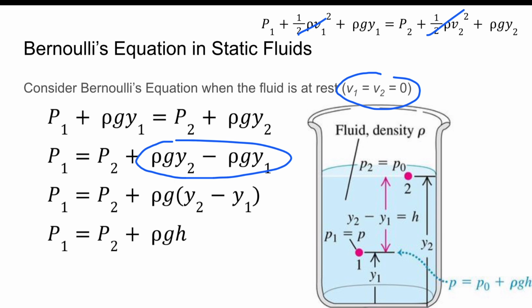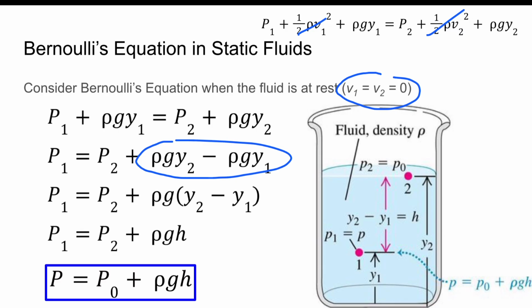So what we end up back with is the equation for absolute pressure that we defined a few classes ago: our pressure equals P naught, the outside pressure, plus rho gh. So you see that all the equations we've talked about so far are built from Bernoulli's equation. This is kind of the master equation for this unit.